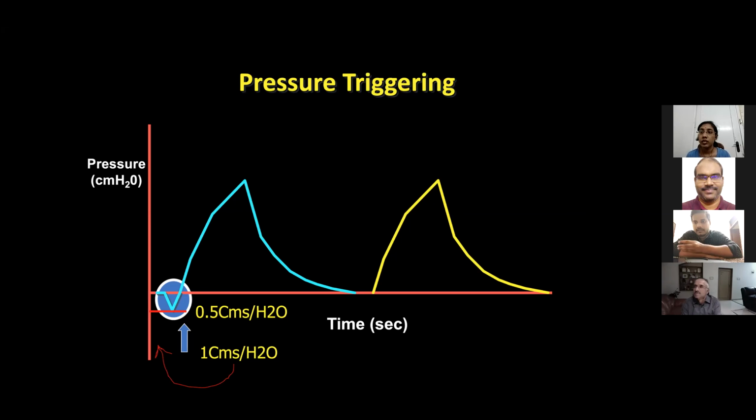He may be doing more work on a ventilator, because if he is capable of generating -5 or -6 centimeters of pressure, probably he should not be on a ventilator. He is on a ventilator because his breathing is not good. So trigger is a very important setting, and it is done only in assisted and supported modes. You don't set a trigger for a paralyzed patient because he's not going to generate a breath, isn't it? You understood why it should be 1 to 2 centimeters?